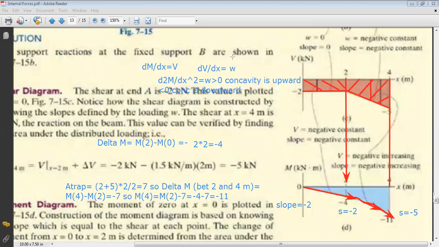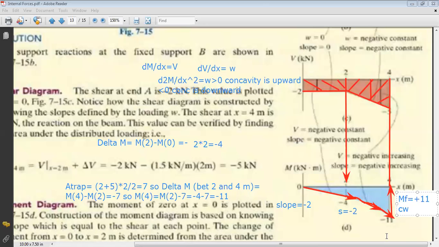We say that the couple at the fixity should be in a way to bring my value to 0. Okay, so to bring my value to 0, I should have an upward jump. This means I should have a couple in the clockwise direction, and my couple M0 at the fixity should be equal to plus 11, of course, in the clockwise.